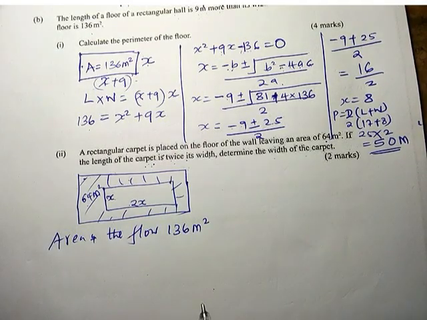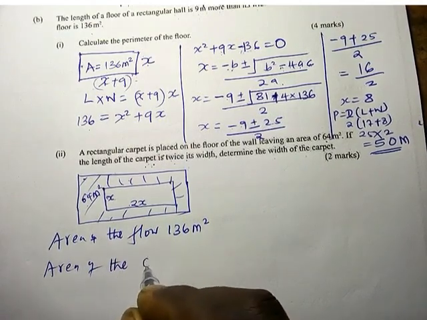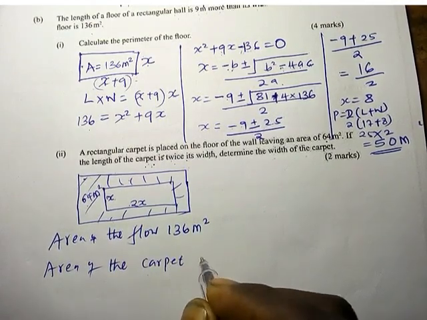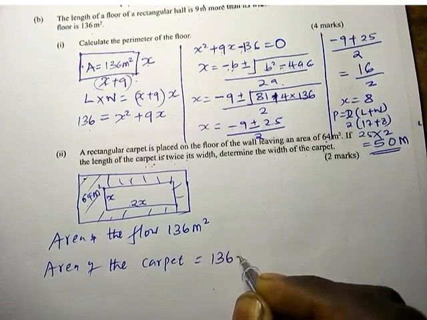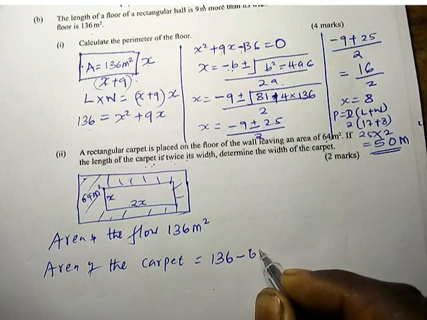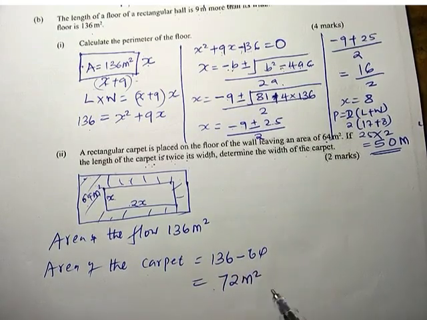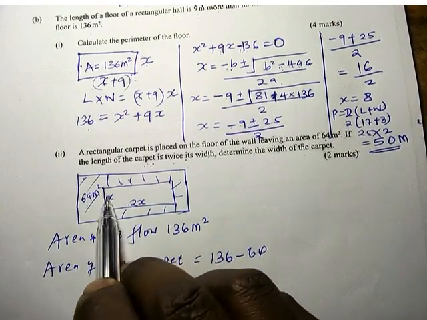So the area of the carpet alone will be 136 minus the space left, which is 64. So the area of the carpet alone is 72 meters square.